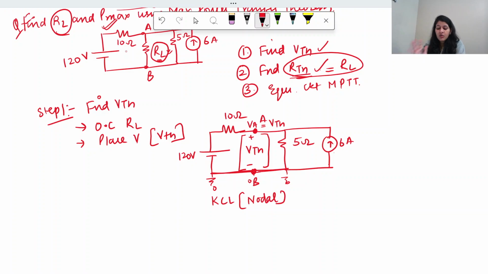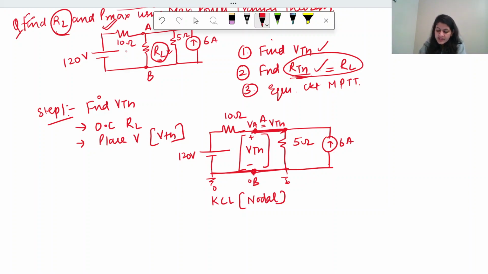And if you want to avoid any kind of confusion, you can also take this VA voltage here. This point and this point will have the same potential, that is VA or VTH, right? Because there is no resistance here in between, so there will be no additional voltage drop. So whatever is the value of voltage here, same will be the value of voltage here, right?